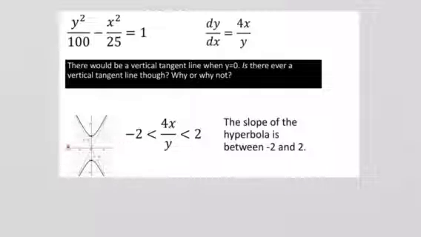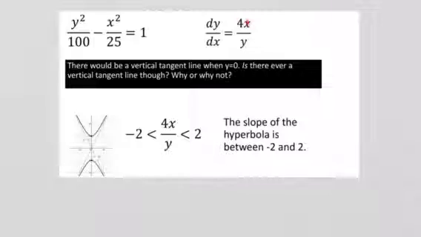The y value is never equal to 0, so we can never actually plug in 0 to dy dx. So what actually ends up happening is that our derivative, 4x over y, falls between negative 2 and positive 2, because this slope is going to approach plus or minus 2. So this can never be smaller than negative 2 or bigger than 2, which means it can never be vertical, because a vertical slope is an infinite slope. So we're never going to hit an infinite slope because we fall between these two, because it opens vertically.